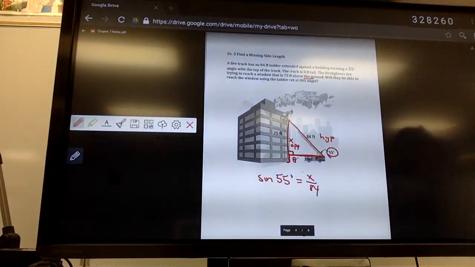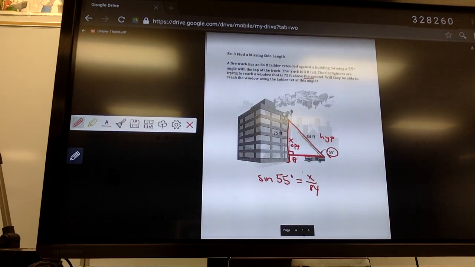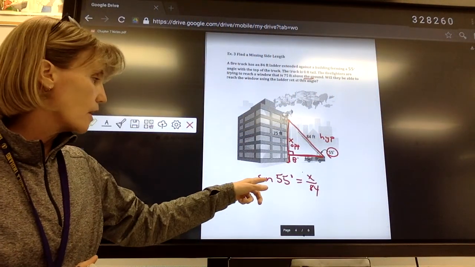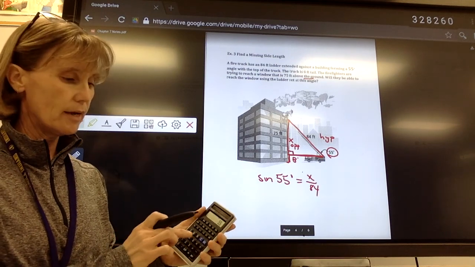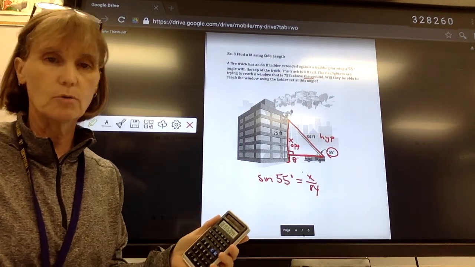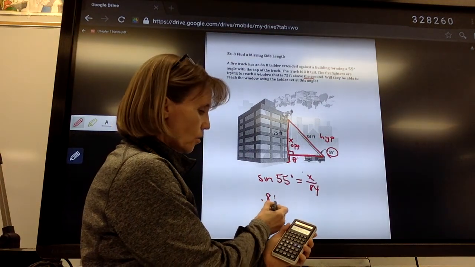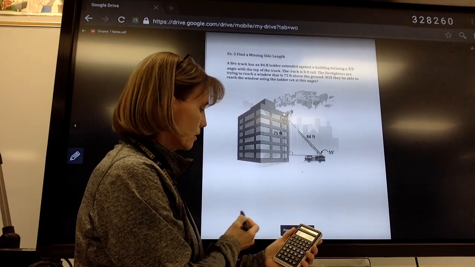I'm going to grab a calculator. We need to know the value of the sine of 55. So I put 55 into my calculator, hit the sine button, and I get a decimal. You don't need to write it down, but that decimal is 0.8192. I'm going to put that over 1.